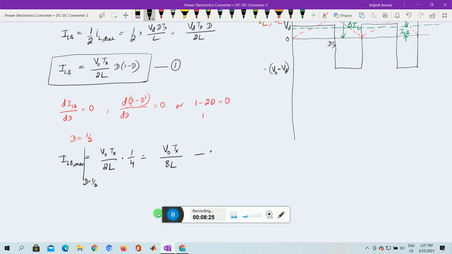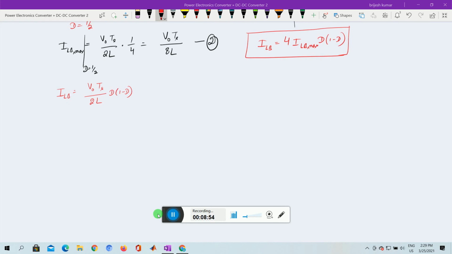Yes, let us say this is equation 2. So we can write finally that ILB is equal to, substituting this value, 4 times ILB max, D times 1 minus D. This is the expression of ILB in terms of ILB max.